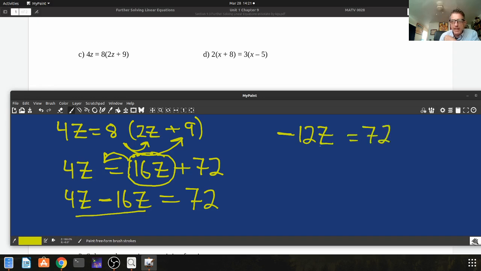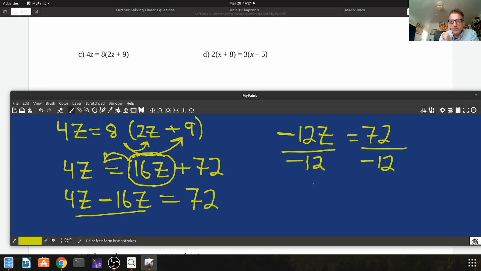Again, I need to know what a single positive z is, so I divide both sides by the coefficient of z. So I'm dividing by minus 12. Again, I reiterate, this is exactly the same as multiplying by the reciprocal of minus 12, which is 1 over minus 12, and I do that to both sides.